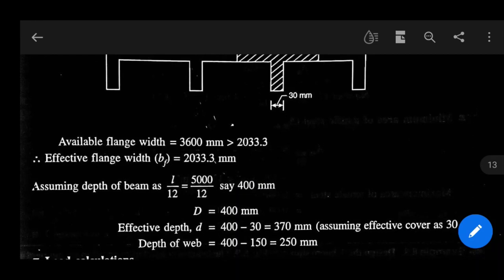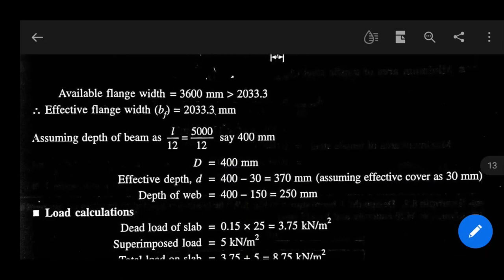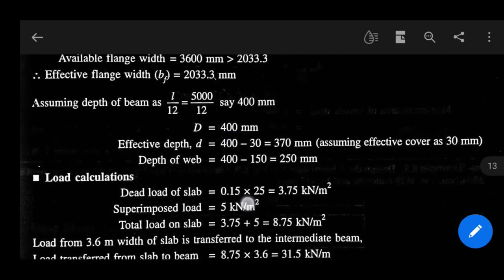Now effective depth small d is equal to 400 minus 30. We assumed effective cover as 30 mm. So effective depth is equal to 370 mm, and depth of web is 400 minus 150, that is equal to 250 mm, except the depth of flange.